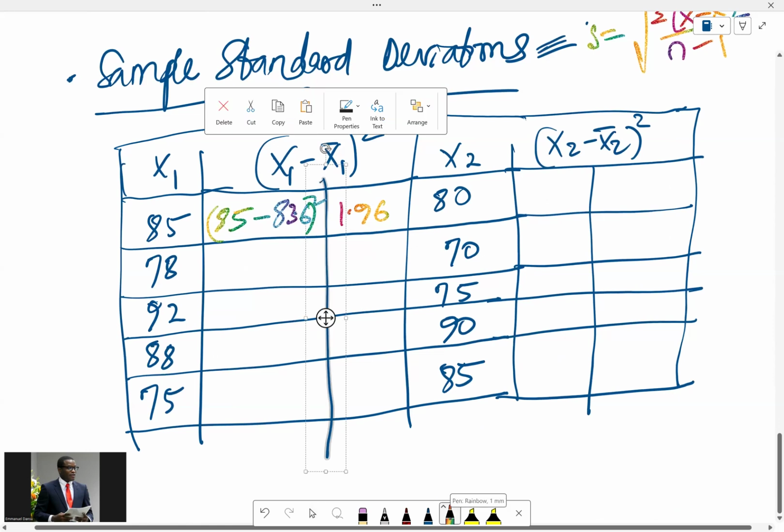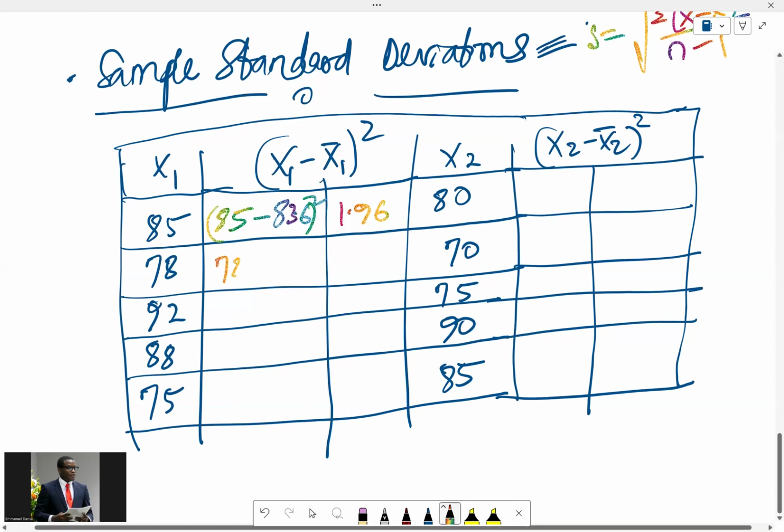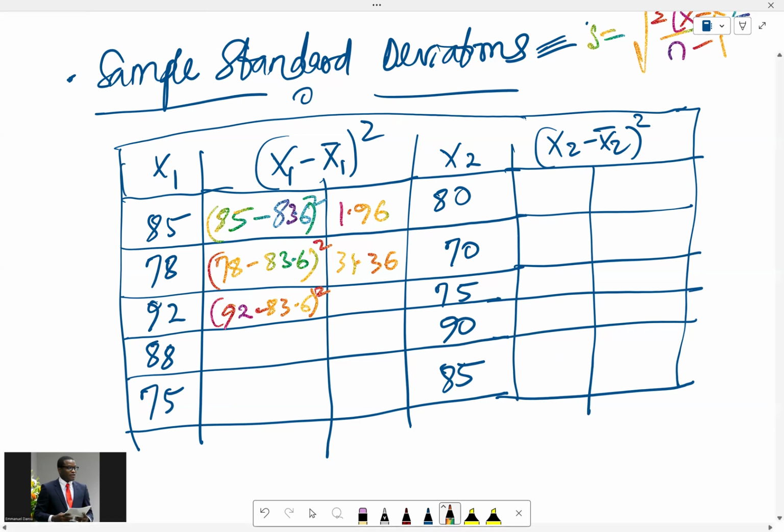78 minus 83.6 squared. That will be minus 5.6 squared, and minus 5.6 squared is 31.36. Then the next one is 92 minus 83.6 squared, which is actually 8.4 squared, and 8.4 squared is 70.56.